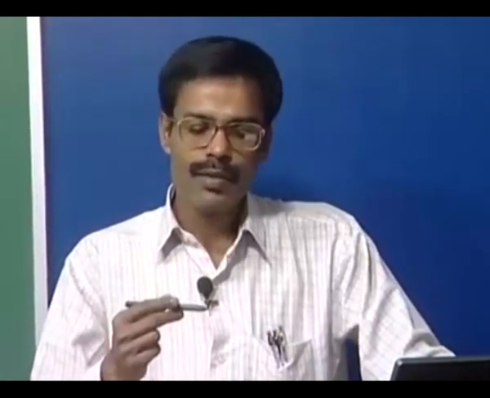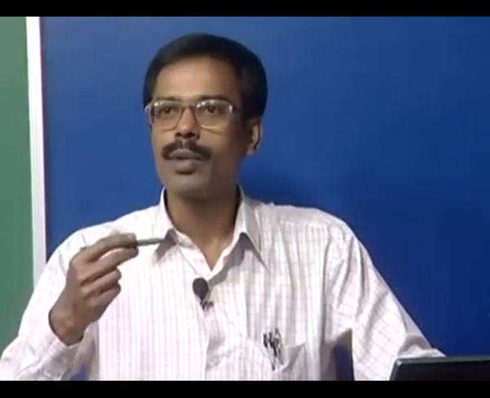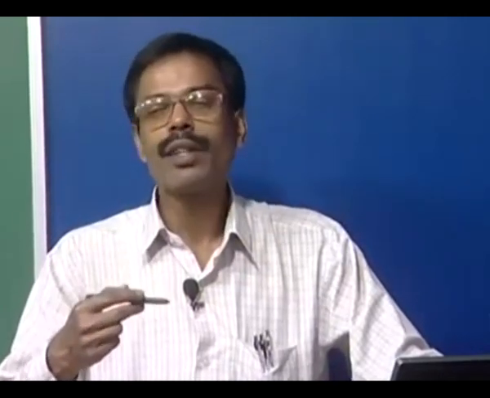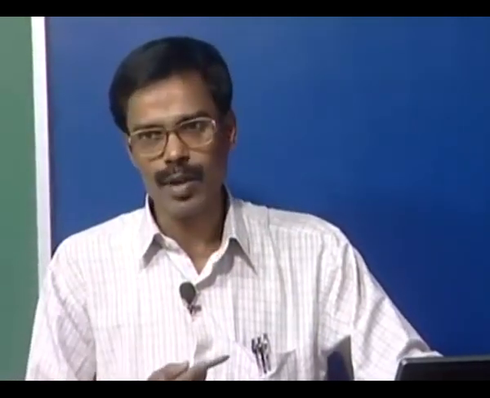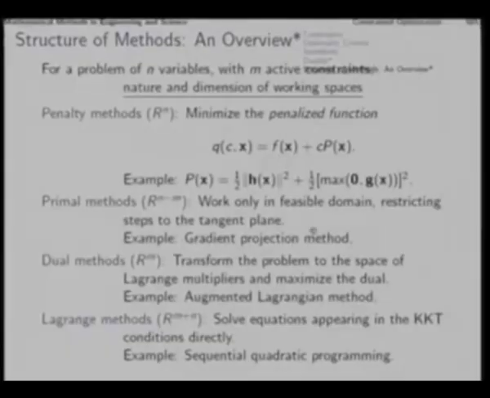Primal methods have the advantage that even if there was a premature termination, that is, even before convergence, that point, even if not optimal, is still a feasible point and perhaps a reasonably good solution to the original practical problem. So, there are quite a few primal methods. One example is the gradient projection method.